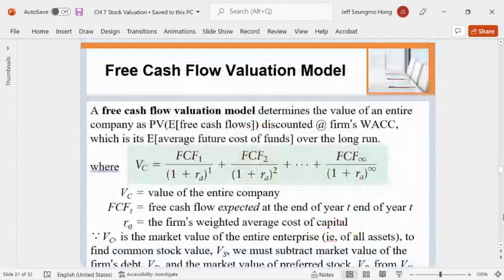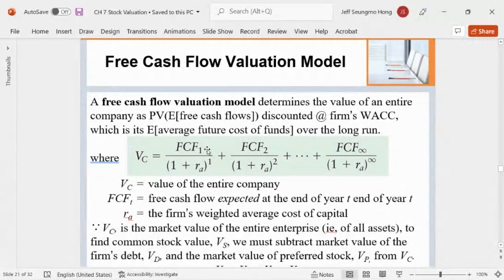Basically, the value of the company is the present value of all the free cash flows in the future, right? This is similar to the stock valuation model, all the discounted cash flow models that you have seen so far.